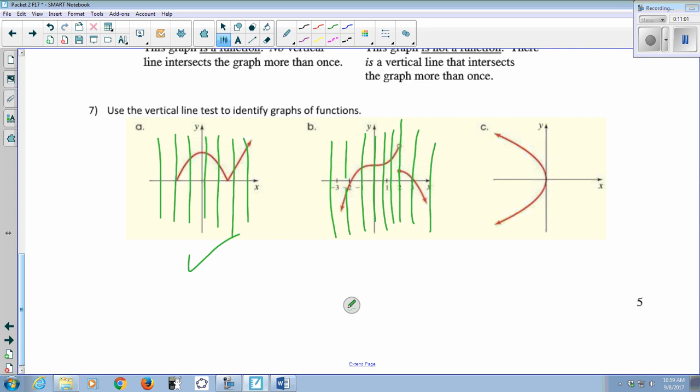Is that hitting in more than one spot? And the answer is no, because this point has an open circle right here, which means that that point is not included on the graph. And this one is closed, so it's actually only hitting the closed point there. So that is a function. And then C very clearly fails the vertical line test, not a function.